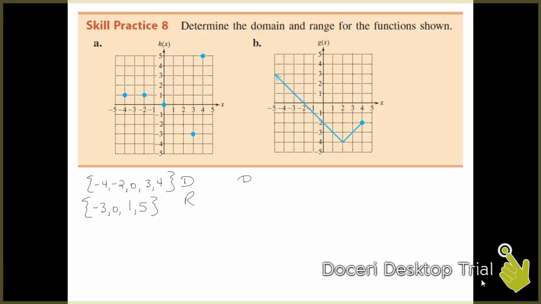Your domain is going to go from negative infinity, and it goes without any breaks to 4, and your range, the low value is at -4. I don't think that's a square bracket. And an arrow means it's going to go up, so it's going to go up to infinity.